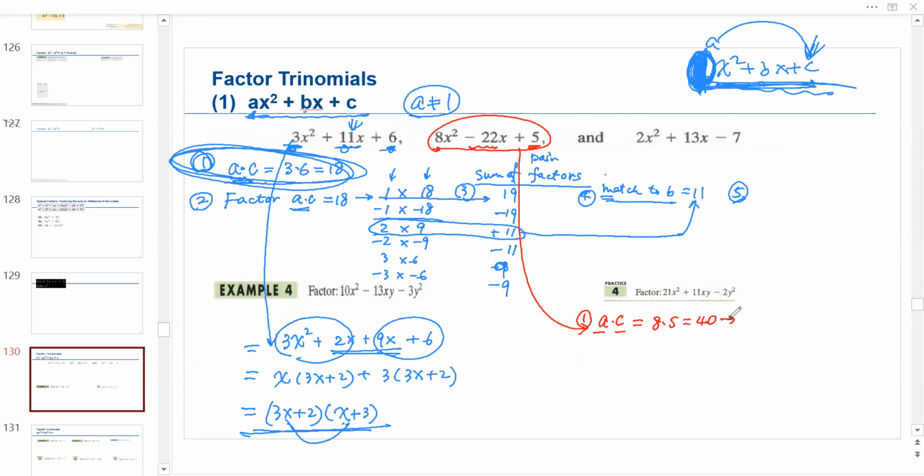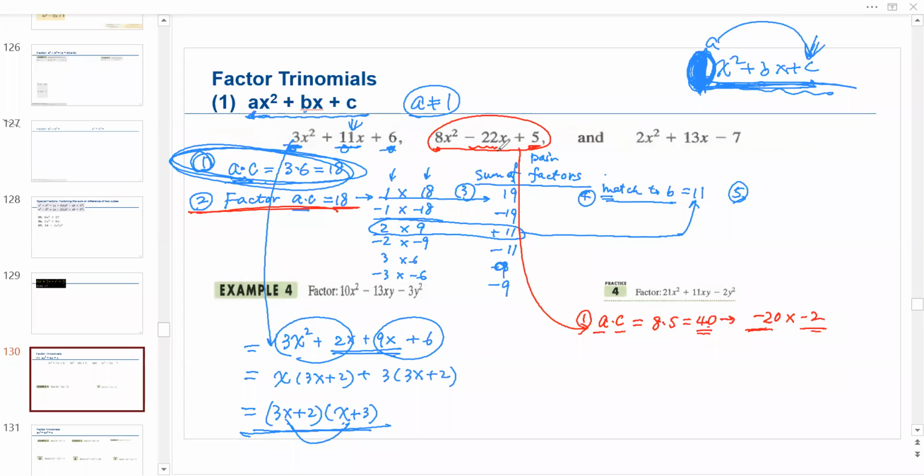Then now we continue factoring. Factor A times C. We want to find the pair whose sum exactly matches -22. So work this out in your mind. 40 can be factored into -20 times -2, right?